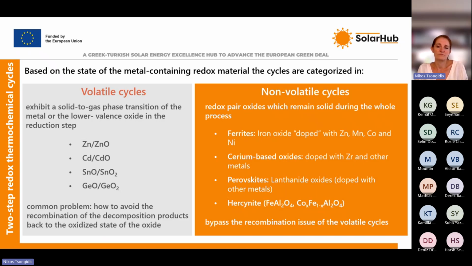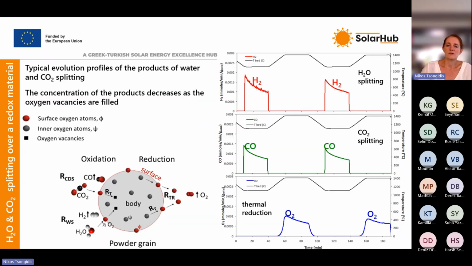Perovskites that are mainly lanthanide oxides doped with other metals, as well as hercynite, which is a mixture of iron and aluminum oxide, or cobalt iron aluminum oxide. So from now on I will talk specifically about the non-volatile cycles and the metal oxides that remain in solid state.